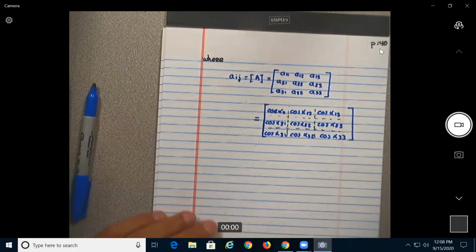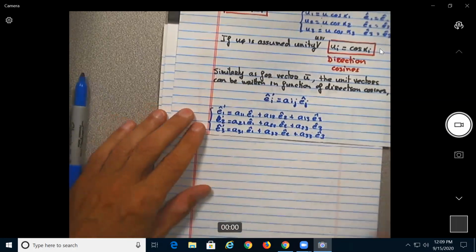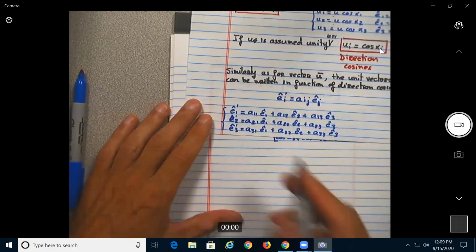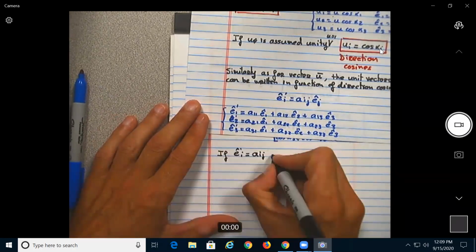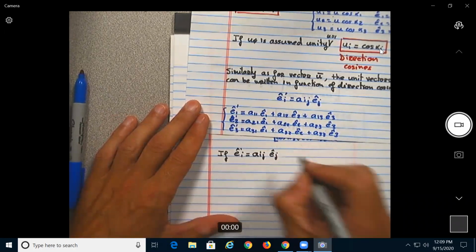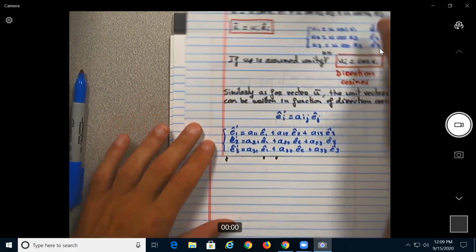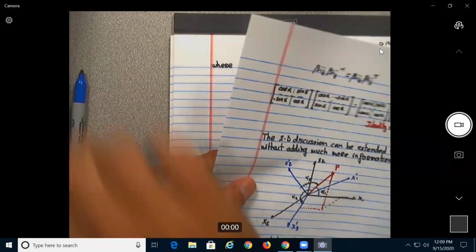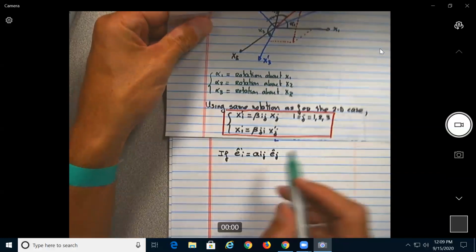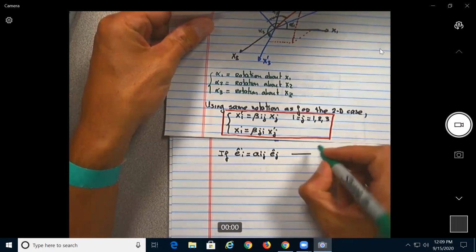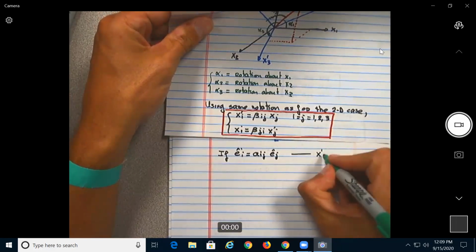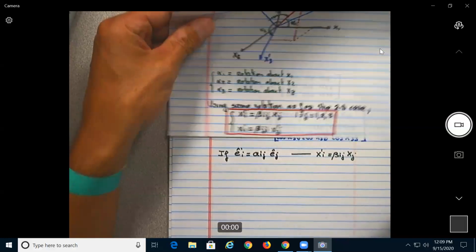So if before we had this relation, e'_i equal to a_ij e_j, this equation is similar to x'_i equal to beta_ij x_j.